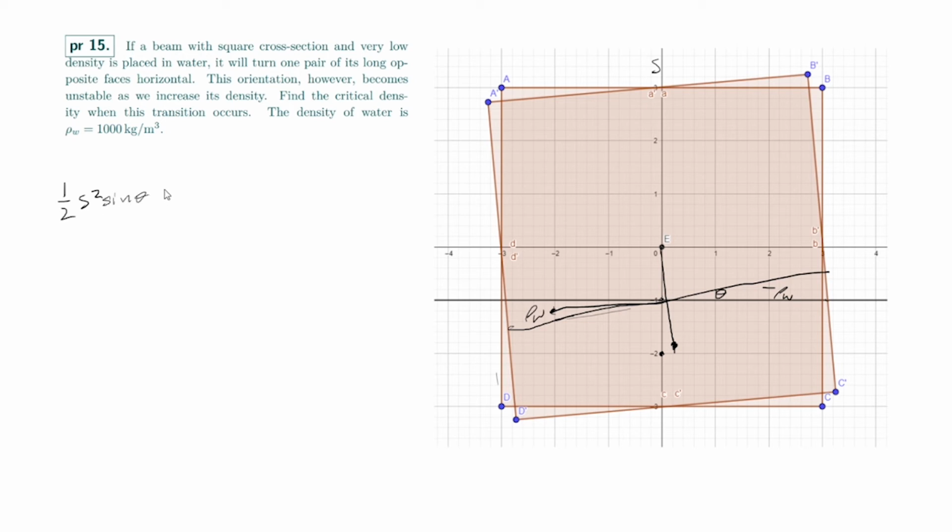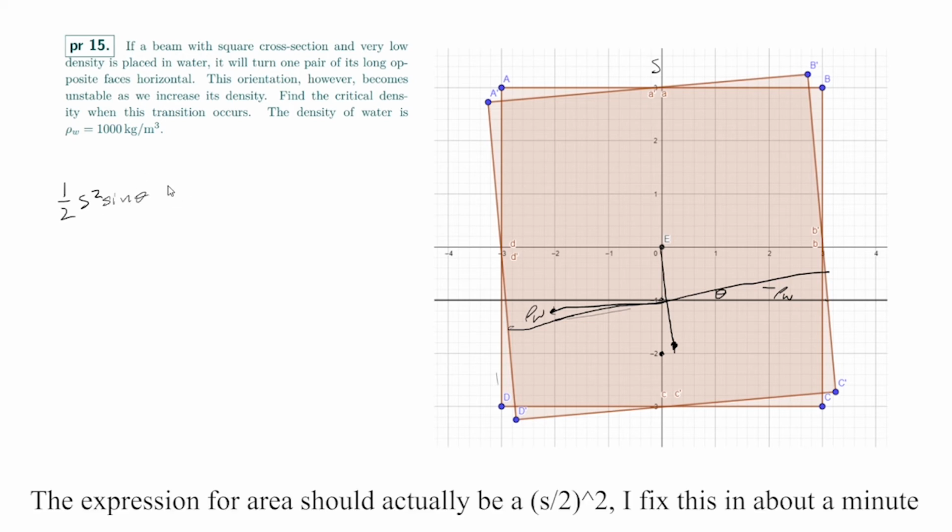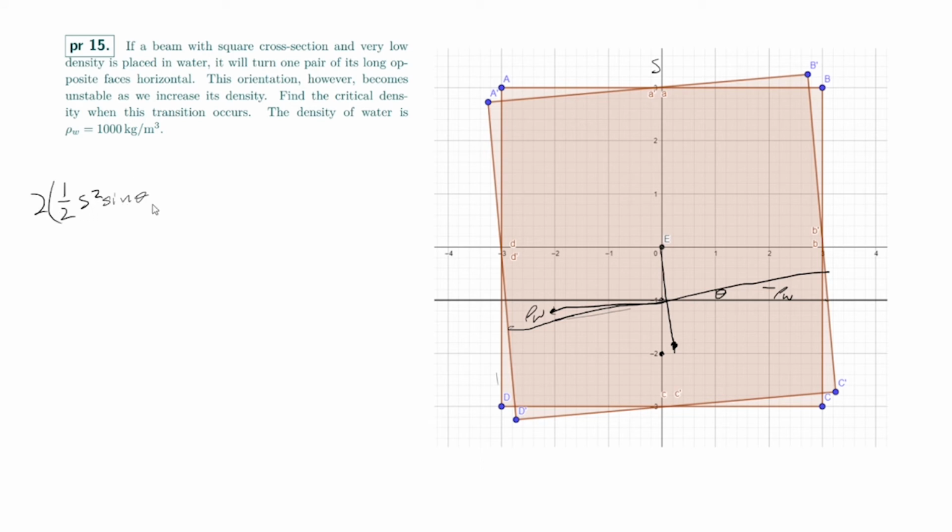That shouldn't end up mattering too much though. So 1/2 s squared sine theta times 2, because this negative part moves over there. And the distance here is 1/3 s. And we're just going to look at the horizontal coordinate because that's all we care about. Of course, that doesn't matter because at lowest order, the horizontal coordinate and the distance are the same.